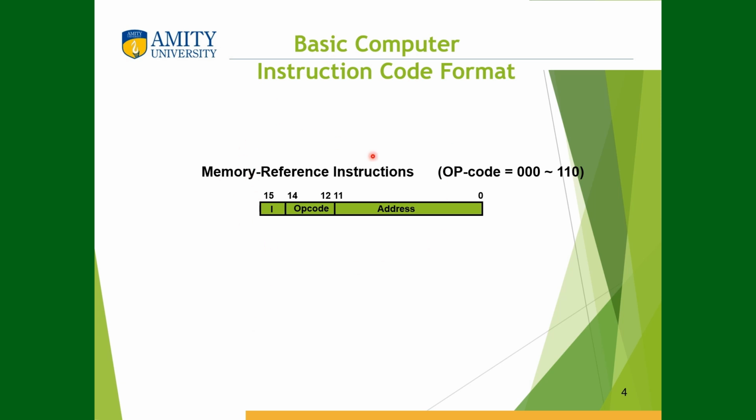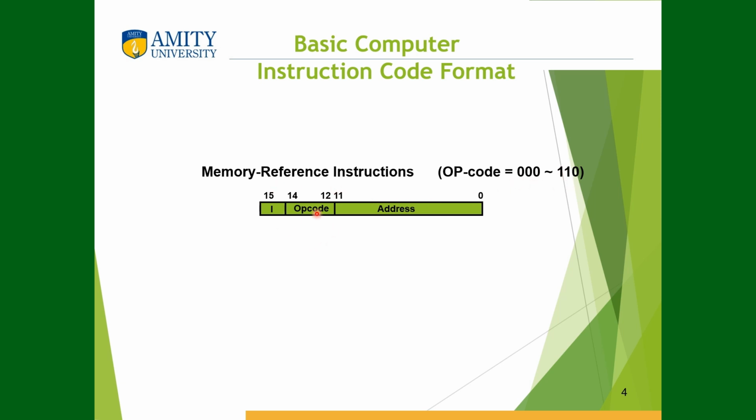So the memory reference instruction is as follows. Since the instruction code format is of 16 bits, the first 12 bits are for the address, 3 bits for the opcode, and the last, 15th bit, for the addressing mode. The condition for memory reference instruction is that the opcode has to be between the range of 000 till 110.